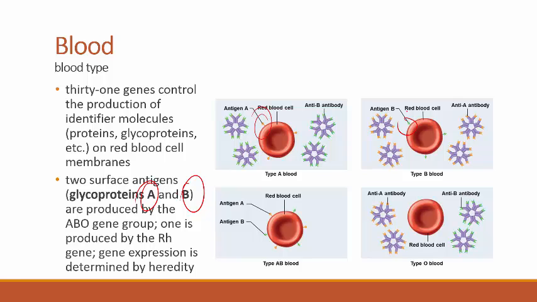If they're type AB, they have both the A antigen and the B antigen on the cell, in different locations, but both of them. If they are type O, that is a person who doesn't have any functional surface antigen from the ABO group represented in the body.